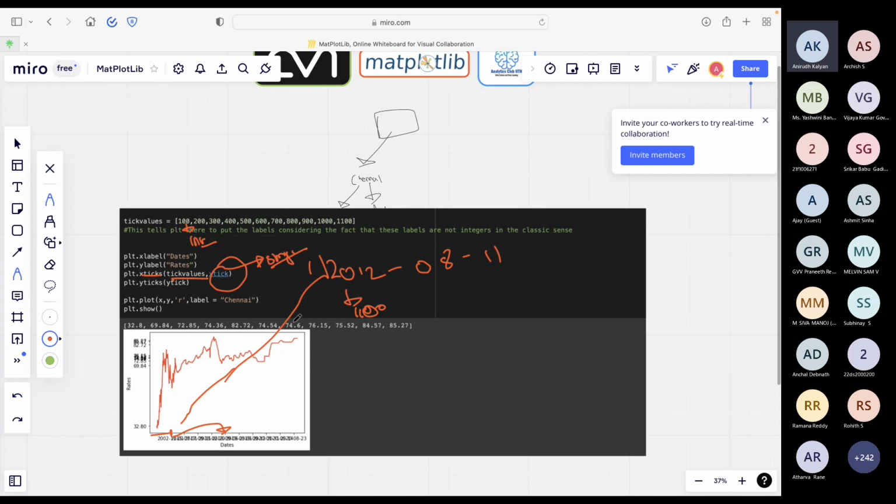Similarly, if you take the second value of the string, put it 100 days after that, say some random day in 2003. If this is your second string, it will move another 100 elements, because I put the second one as 200, and it will put this particular string as a tick over here.